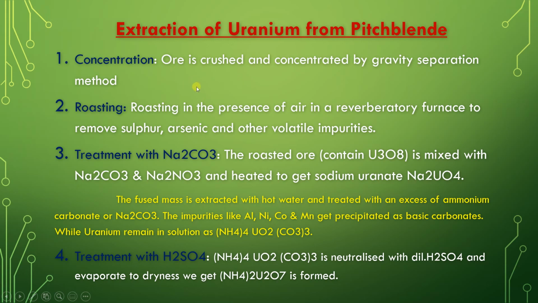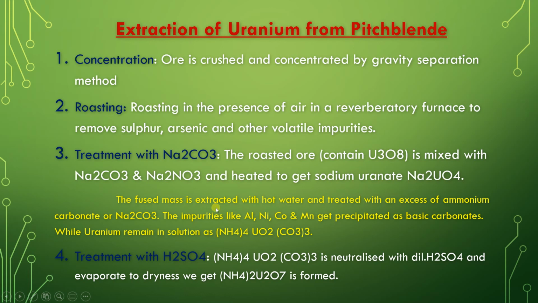Once the process is over, the concentrated ore is roasted. Roasting in the presence of air in a reverberatory furnace to remove sulfur, arsenic and other volatile impurities. Once the roasting process is over, this roasted ore is mixed with sodium carbonate and sodium nitrate. Then it is heated to get sodium uranate.